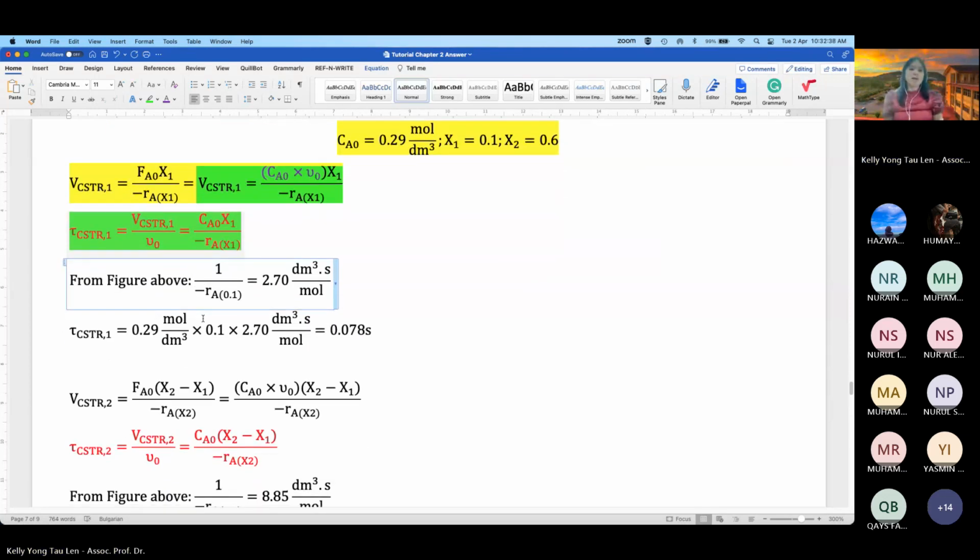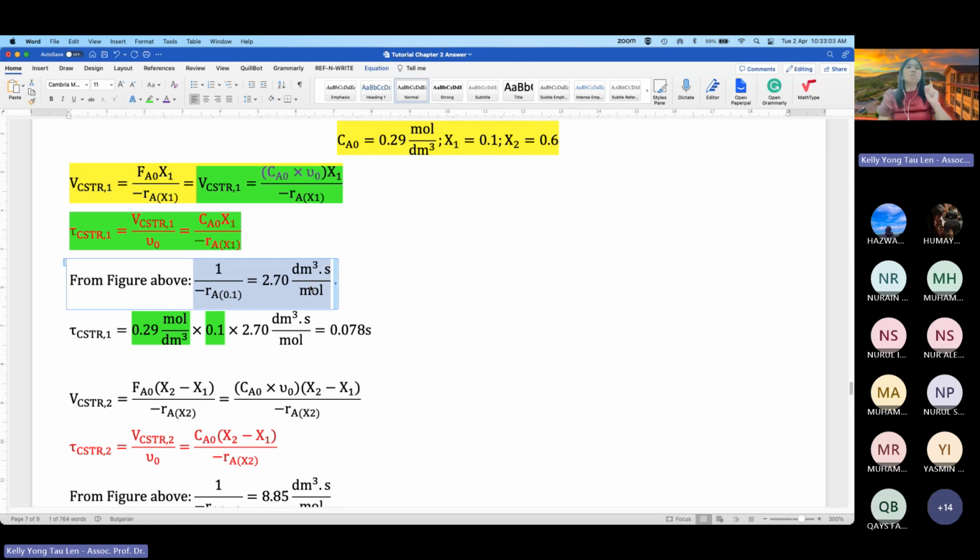Okay, so from the information, CA0 you calculated initially, at the very top. You know your CA0 is 0.29. So done. X1 is 0.1. Your conversion in your first reactor is only 0.1. So then you go and check your Levenspiel plot. When my X is 0.1, 1 per minus RA is 2.7.